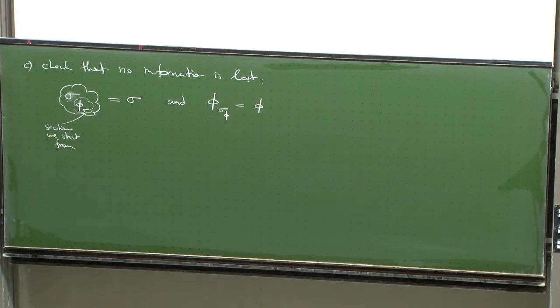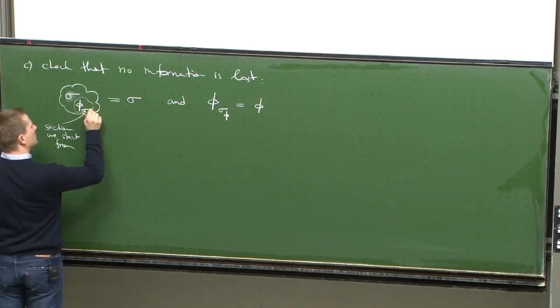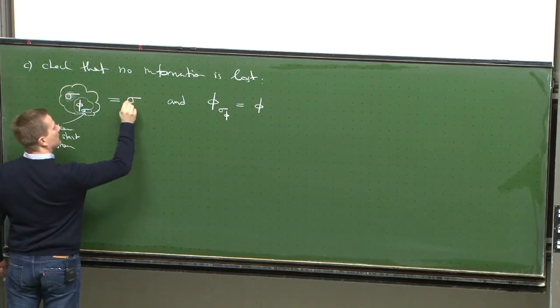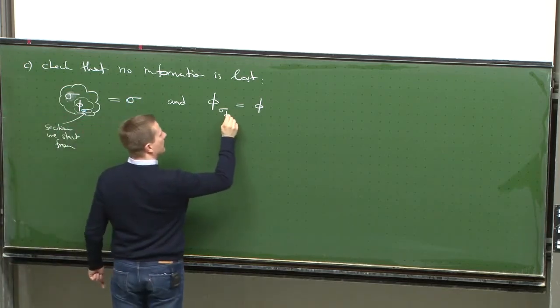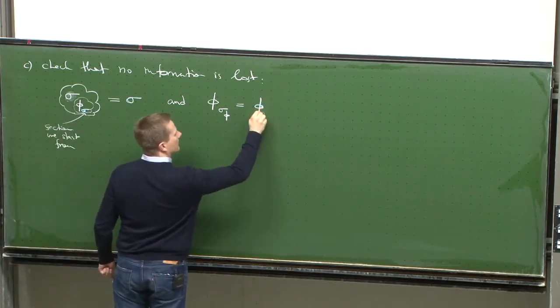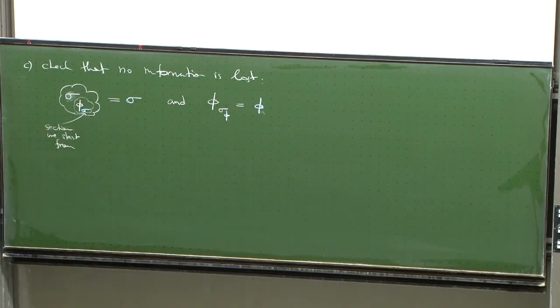So it's this blue sigma that we recover, and it's the blue phi here that we recover, and the other notation is just notation. So let's start with this first part.